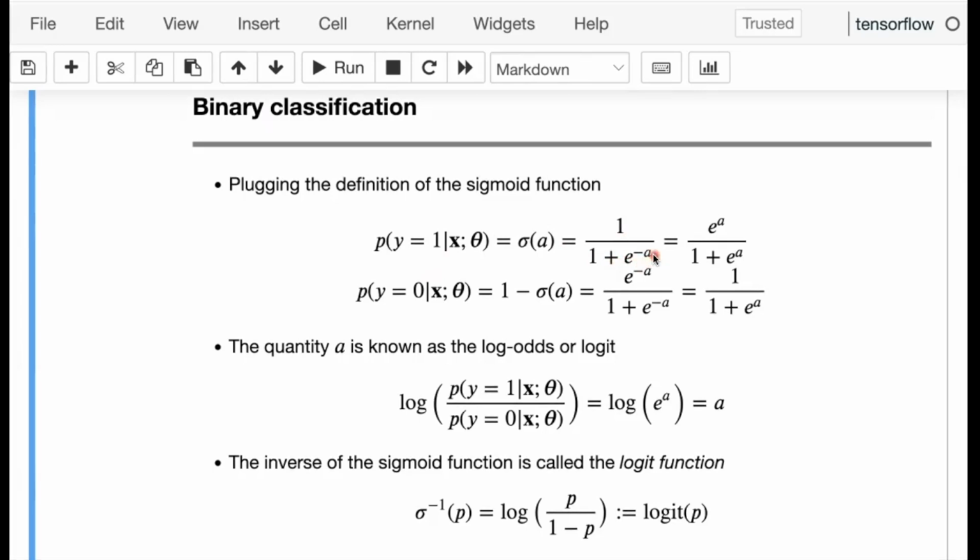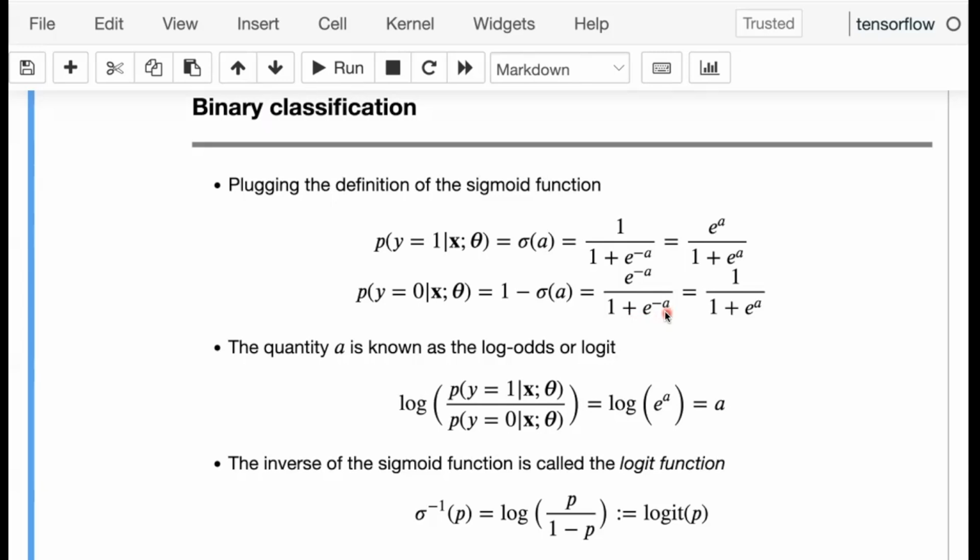And we can multiply both numerator and denominator by e to the a to make it a little bit simpler. Therefore, the probability of y equals 0 is 1 minus this sigmoid of a, which is e to the negative a over 1 plus e to the negative a.